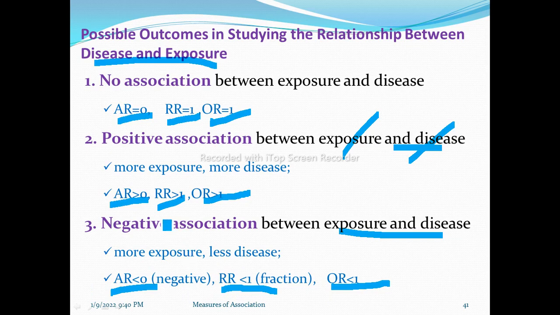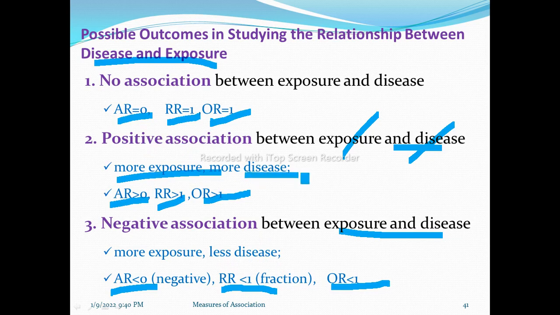So when there is negative association, more exposure, less disease. That means an inverse or protective relationship. In the case of positive association, more exposure, more disease.